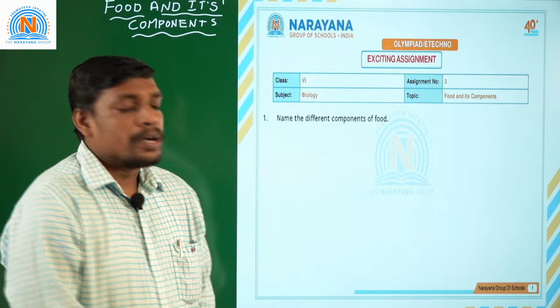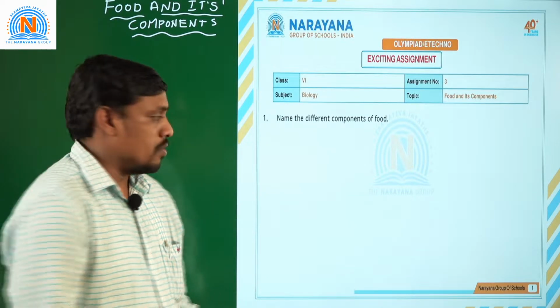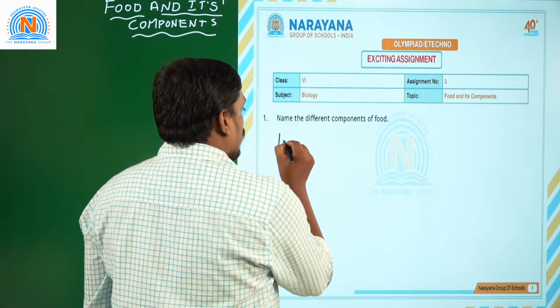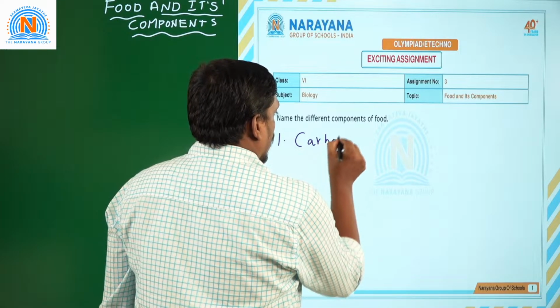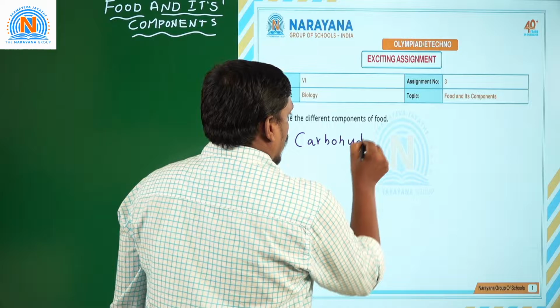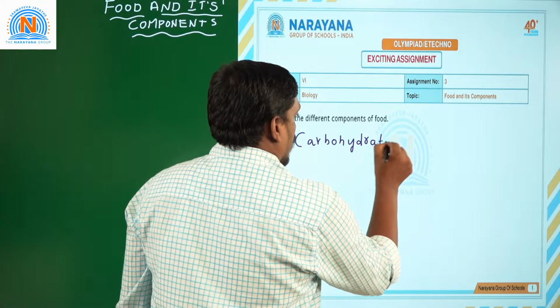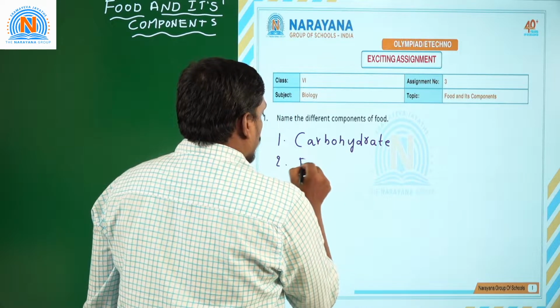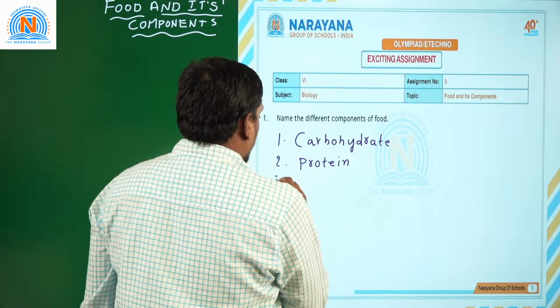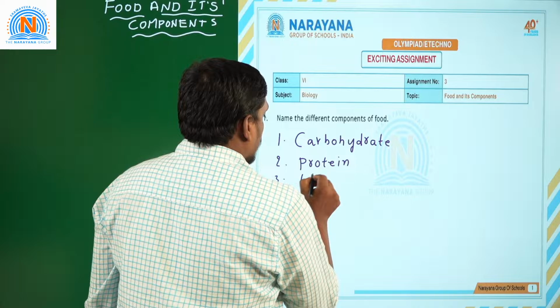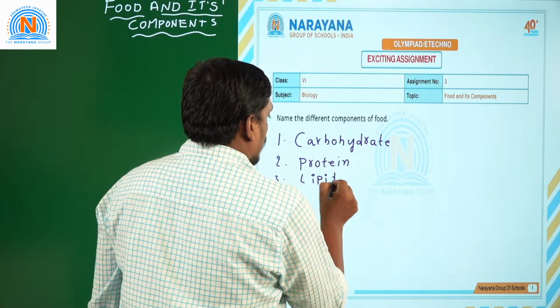Name the different components of food. What are the different components of food? First component of food is carbohydrates. Second food component, the protein. Third one, the lipid.